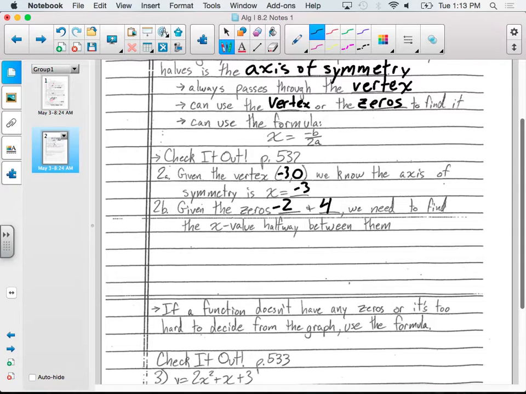Yes, Isaiah? Isn't it supposed to be x equals -2 x squared? Nope. So when we're looking for the zeros of a function, we can just say that the zeros are -2 and 4. Because if you plug in -2 or 4 into our function, you should get 0 out of it.